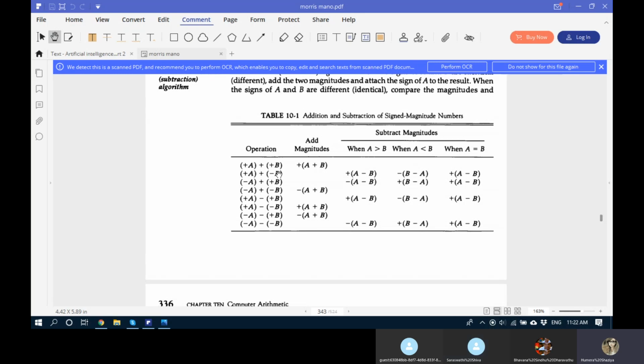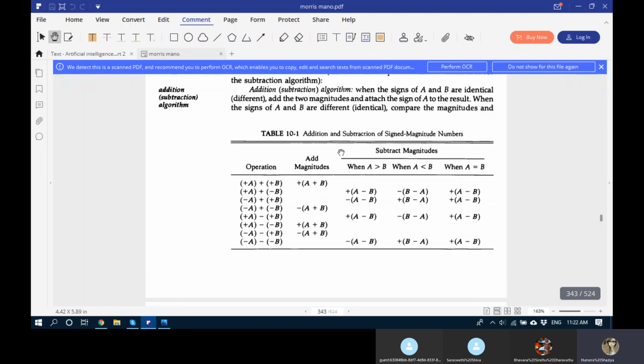Yes, you are right, very good. So what happened here is, when you have the plus operator and the signs of A and B are identical, then you perform the addition operation.